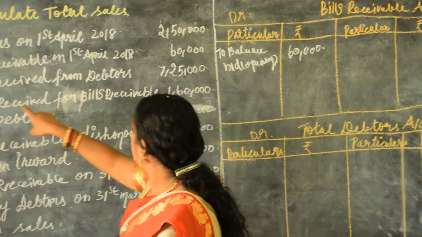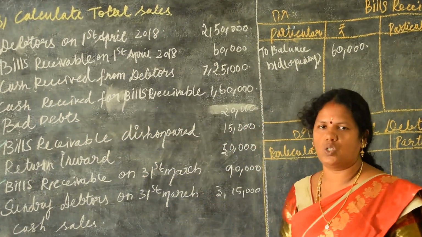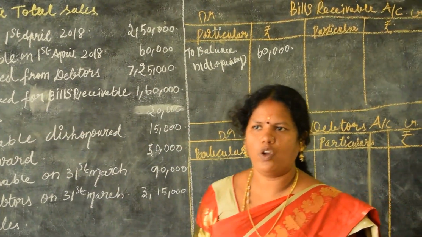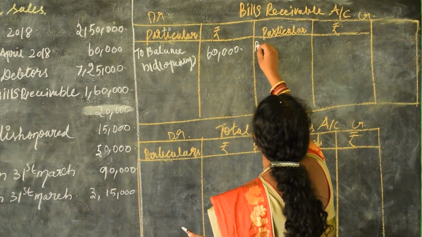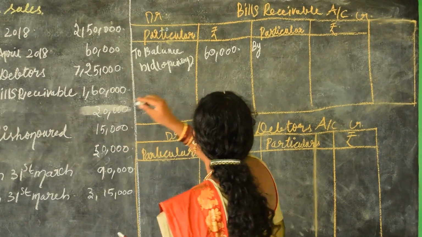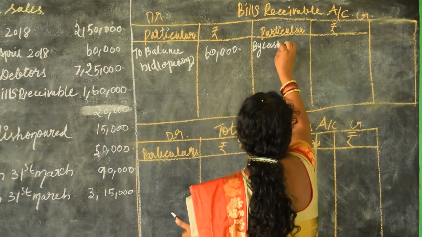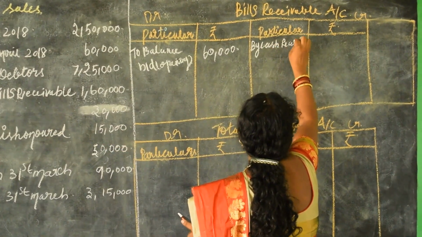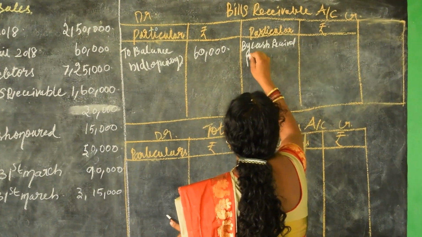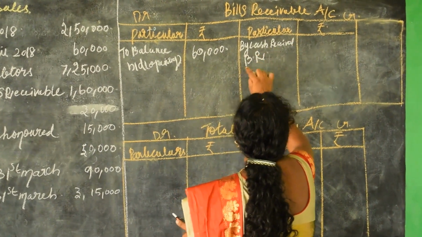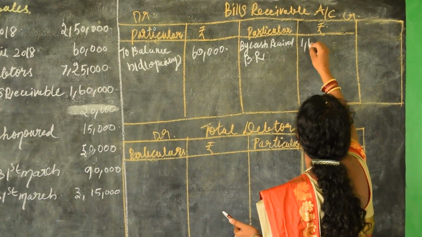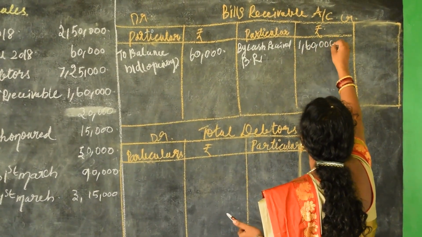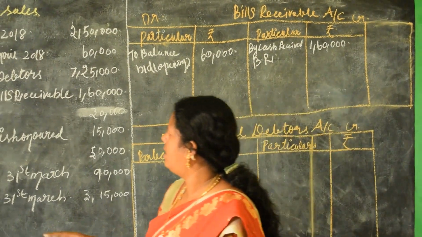Next, cash received for bills receivable, where should it come? Yes? Have you got the answer? Yes, it should come on the credit side. By cash received, bills receivable, I have written in the short form BR, that is bills receivable, 1,60,000. Yes, the next.